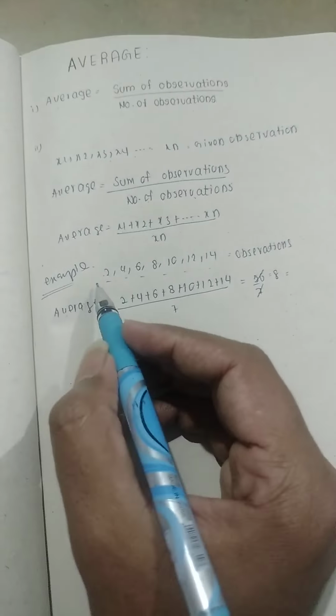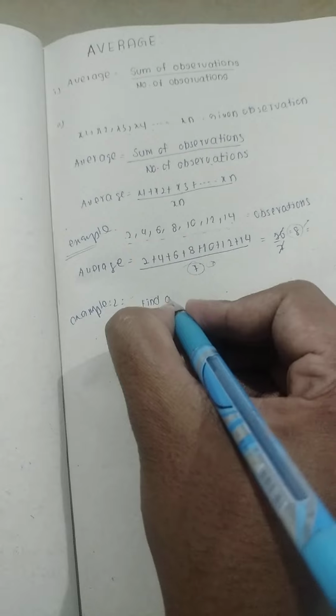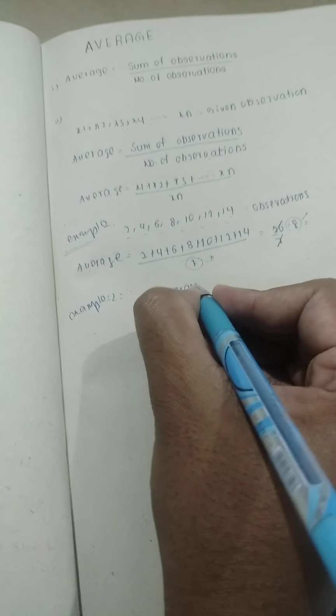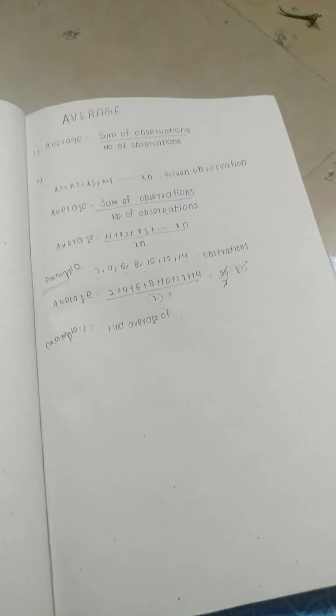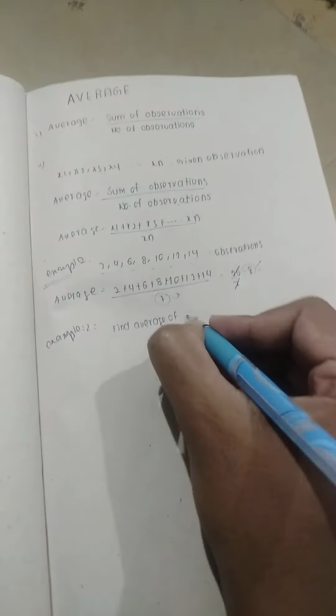Okay, let us see another example. Find the average of numbers between 2 to 10 which are multiples of 2.